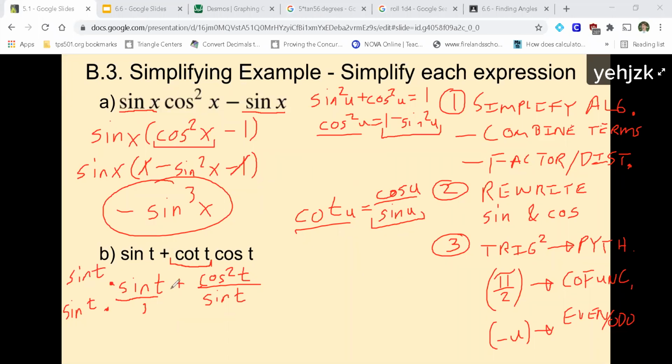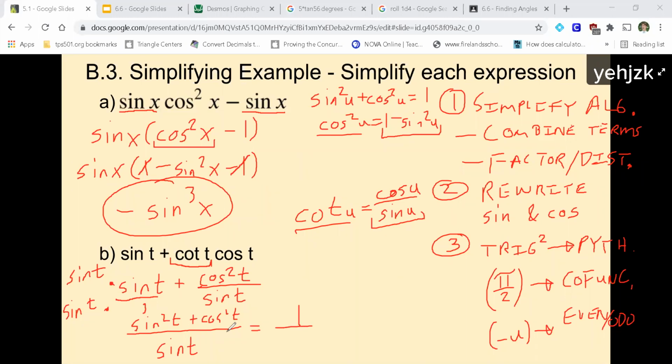And so now I can combine these into one term: sine times sine is sine squared, plus cosine squared. But sine squared plus cosine squared is just 1, according to our Pythagorean identity.